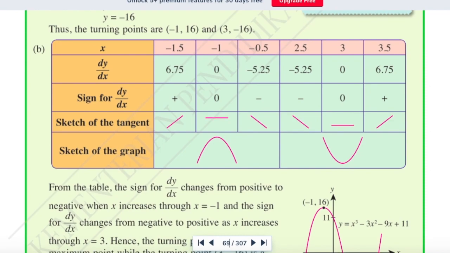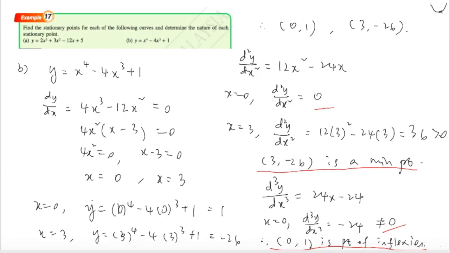Now let's recall what I emphasized today. Maximum, point of inflection and minimum. What condition?